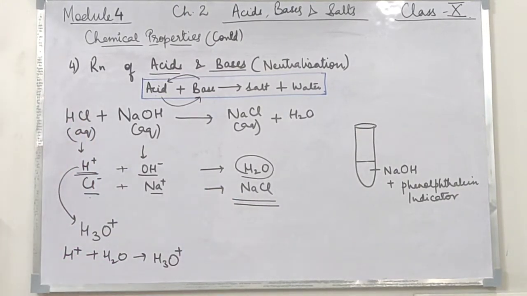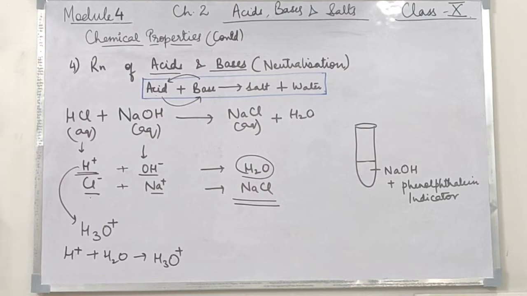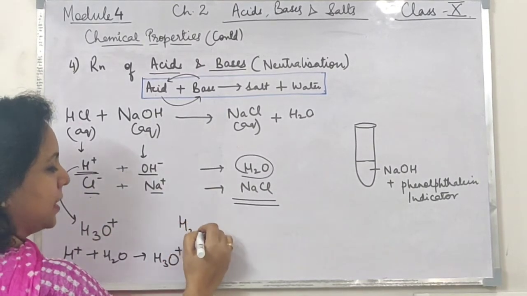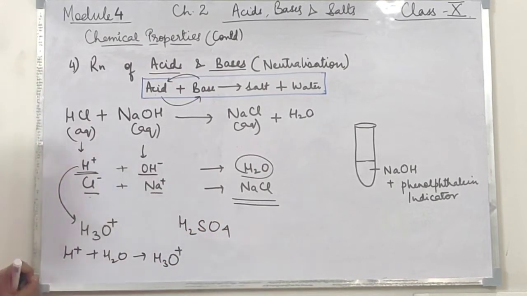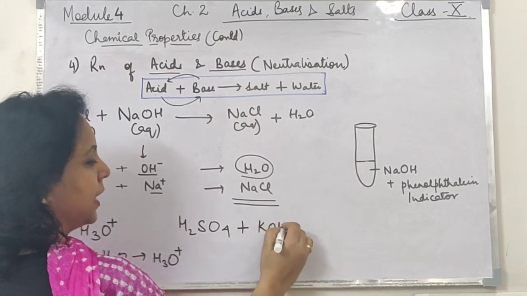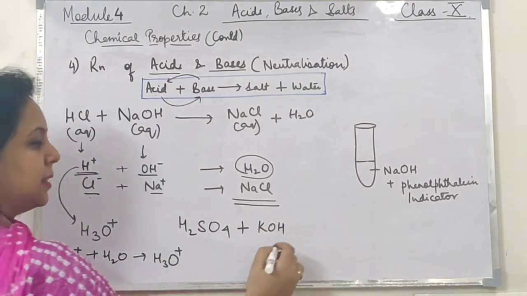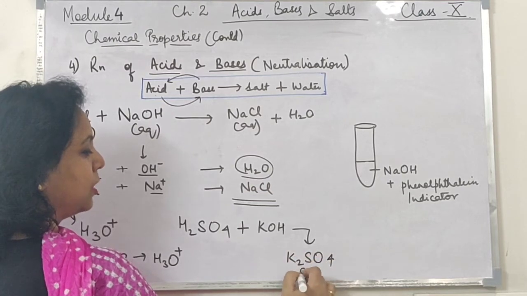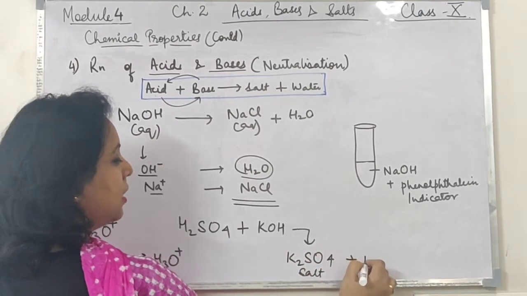So this is the famous neutralization reaction. Similarly, we can see neutralization in other types of acids also. For example, H2SO4, if reacts with KOH, another base, very famous, it will form K2SO4, the salt, and water.